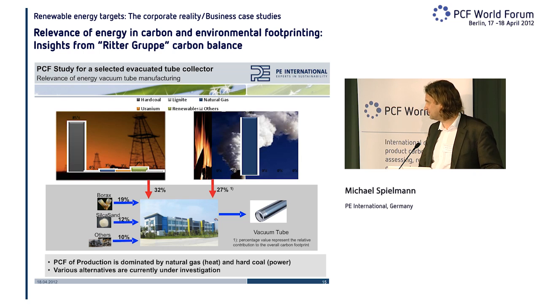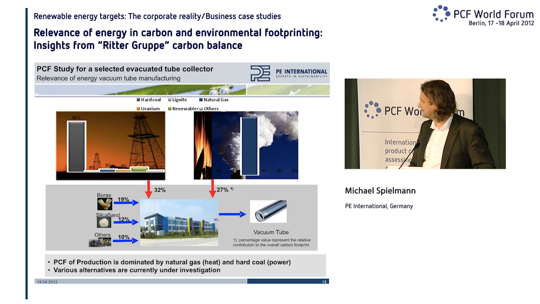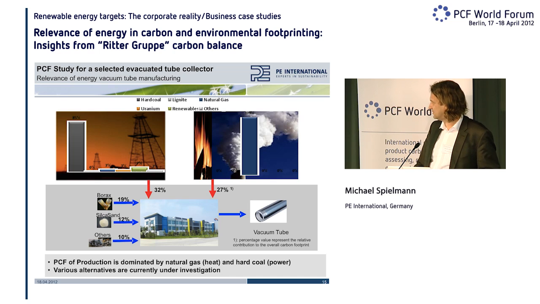So 32% on the left-hand side is the contribution of the electricity consumption to the entire process. Because we're in China, 85% of that carbon footprint, the gray bar, is caused by the use of hard coal in the grid mix in China.